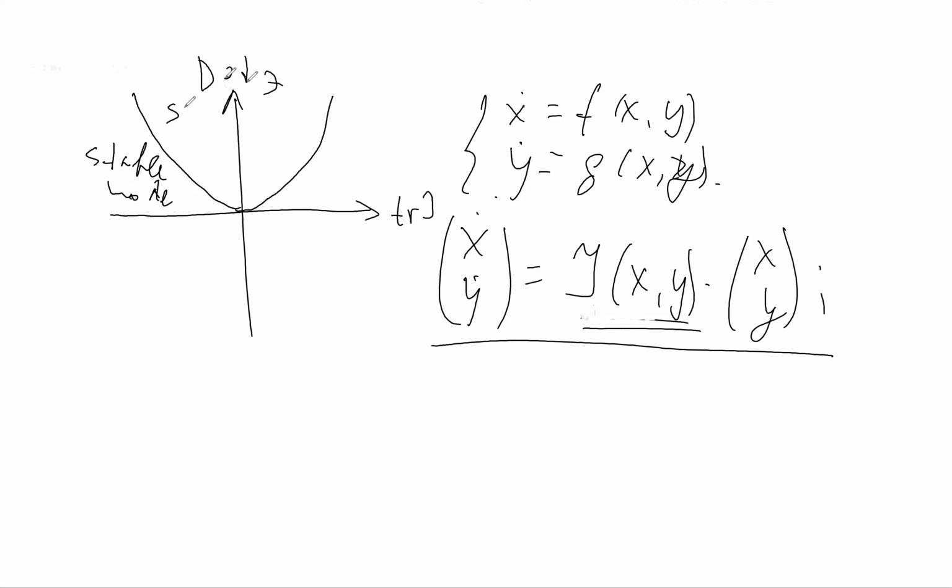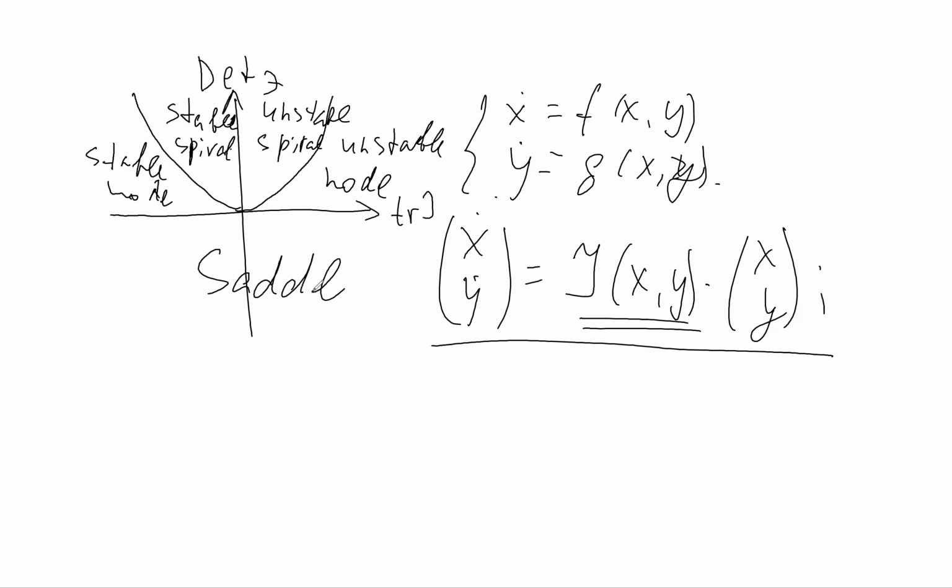Here we have a stable spiral, here an unstable spiral, here an unstable node, and here a saddle. Then the three bifurcations which we know take place here.